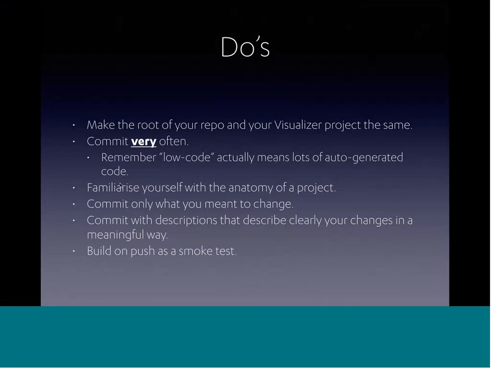Right, fine, but with a low-code tool like Visualizer, it should be very often. The reason is that all of this automatically generated code that Visualizer generates under the hood, that you don't see until you go and do a Git status or a Git diff, is going to cause some major headaches for you unless you keep track of what is being generated.